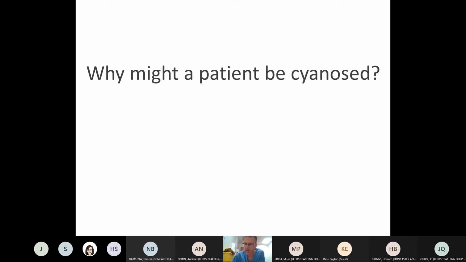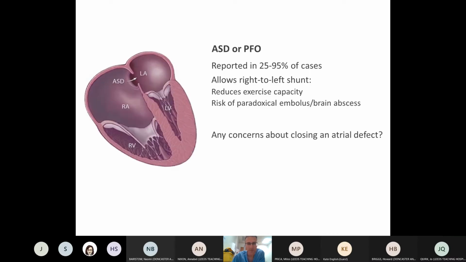So the next question we often ask trainees is why a patient might be cyanosed. And that's because it's very common to have an interatrial communication in Ebstein's. It's reported with a varying incidence between 25 and almost 100% of cases.